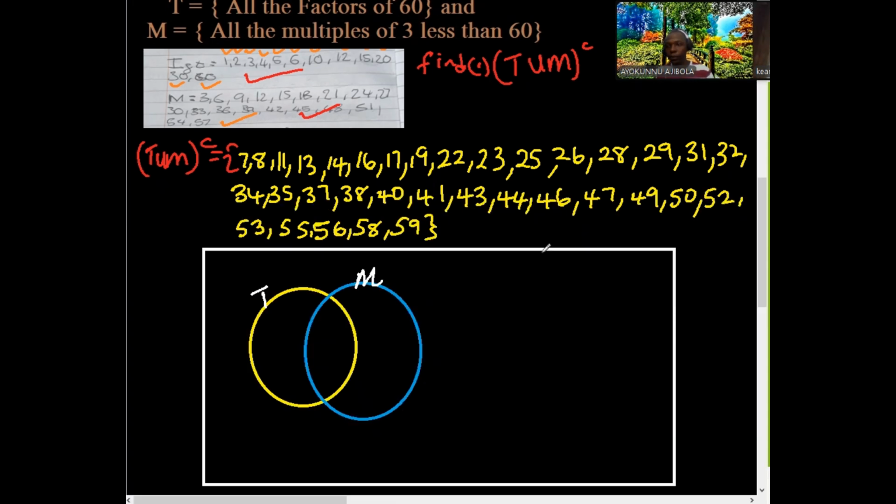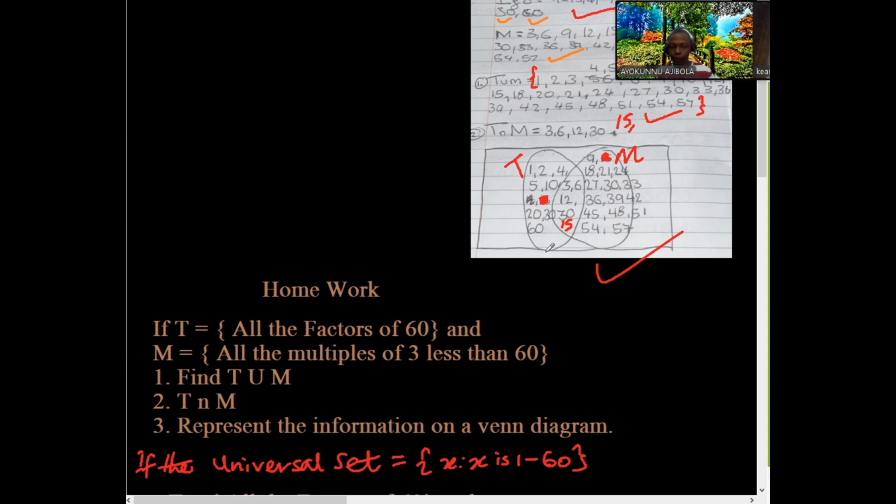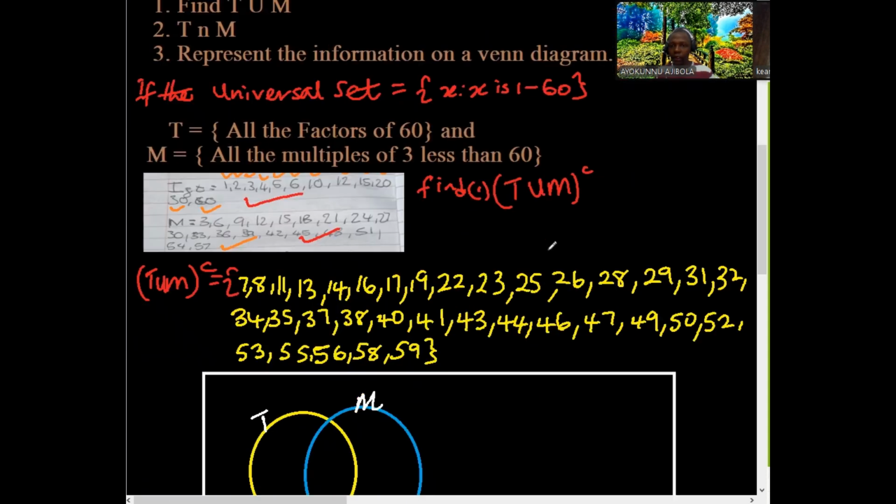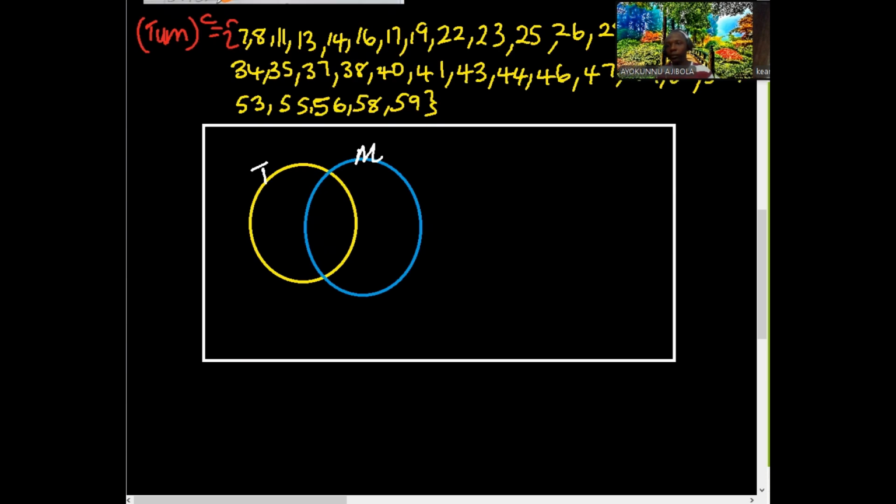So from your workings, we already have 3, 6, 12, 15, and 30 as what is common, okay?